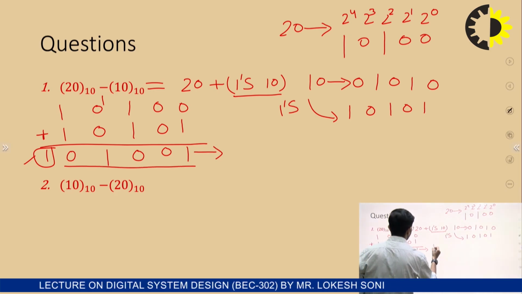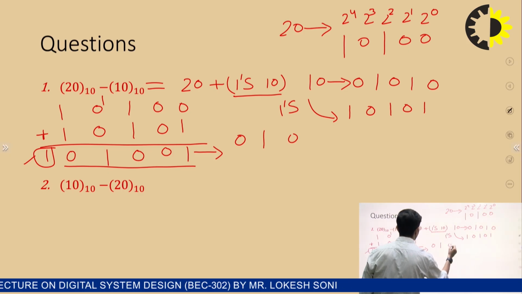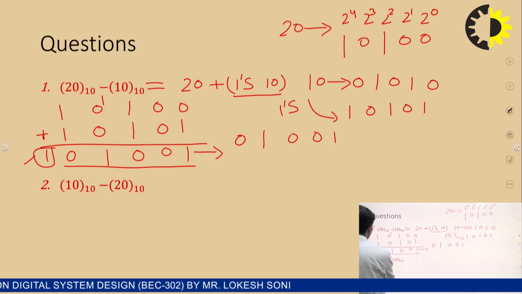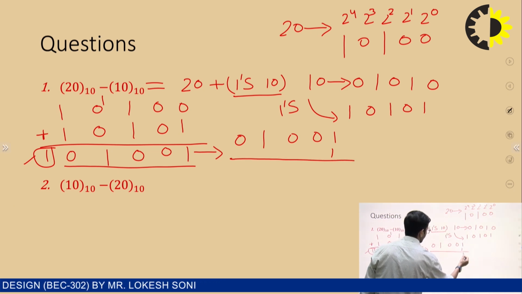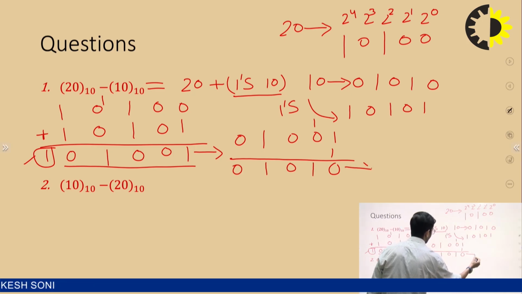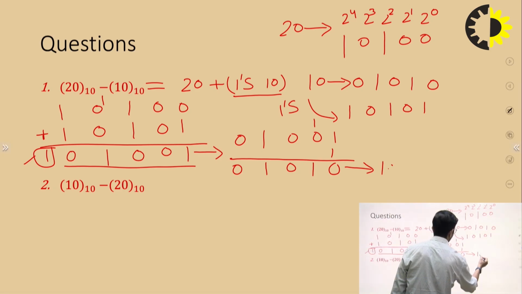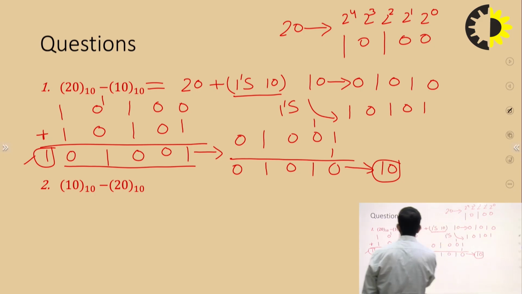So the result is 0, 1, 0, 0, 1. If we add this carry, it will become 1 plus 1 is 0, carry is 1. So this is 1, 0, 1, 0. And the binary equivalent of this number is 10. And 20 minus 10 is 10 only. So we are getting the correct result.